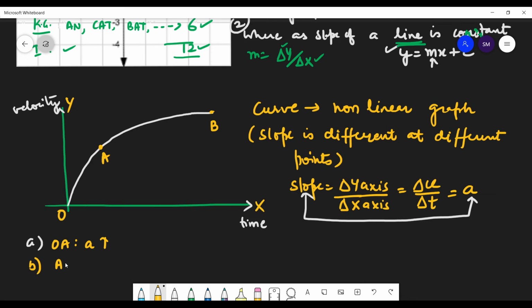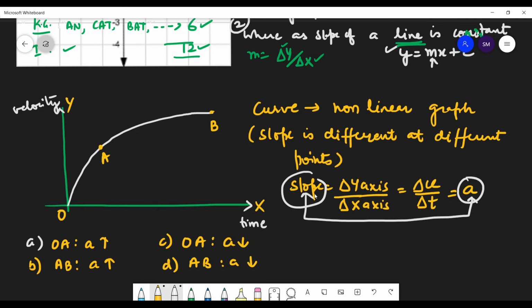Second option: in the part AB, acceleration is increasing. Option C: in the part OA, acceleration is decreasing. Option D: in the part AB, acceleration is decreasing. Acceleration is nothing but slope. So whenever slope comes, read it as acceleration. Whenever acceleration is written over here, read it as slope.